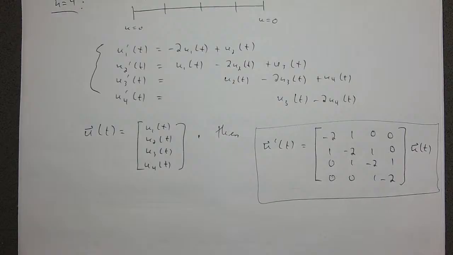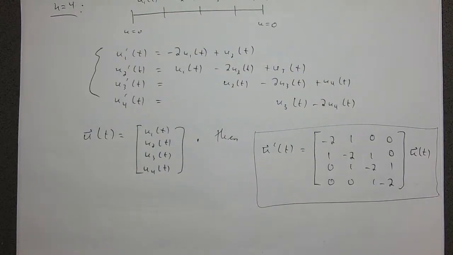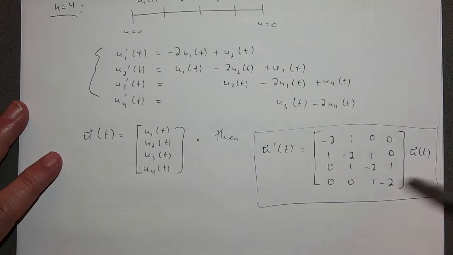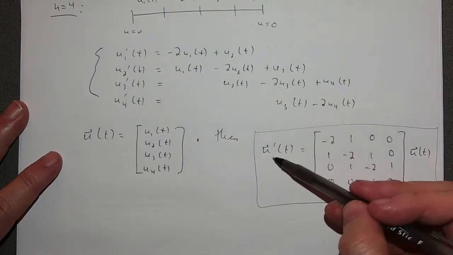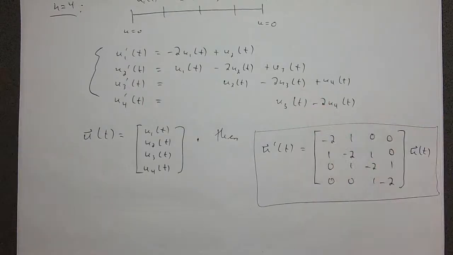Okay, so now we've understood how to set up this problem in a way that involves a matrix. Now, when you're solving a differential equation, ultimately you're solving for an unknown function. Let's zoom out for a second. These are placeholders, right? U is unknown. I don't know what U is. The derivative of U is unknown in the sense that U is unknown.